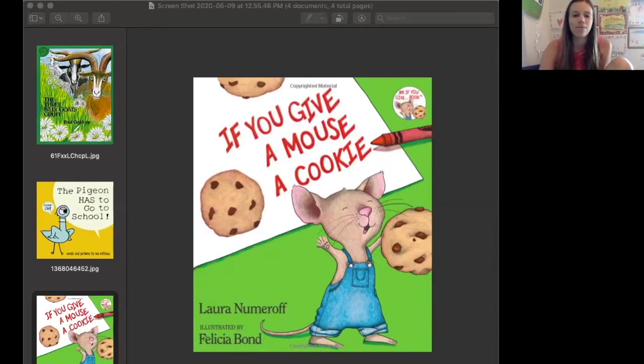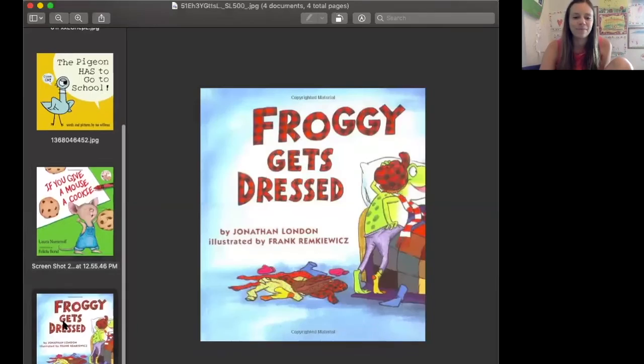Let's look at one more. Ready? Here's the cover of Froggy Gets Dressed. Can you point to the title? Here it is. Froggy Gets Dressed.